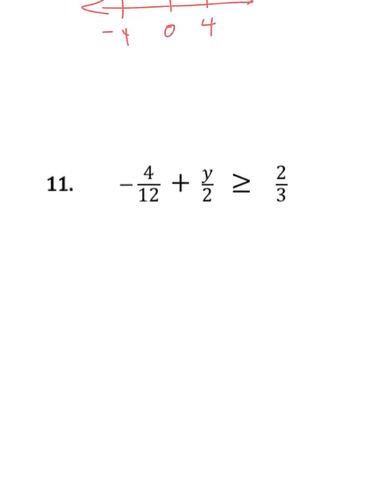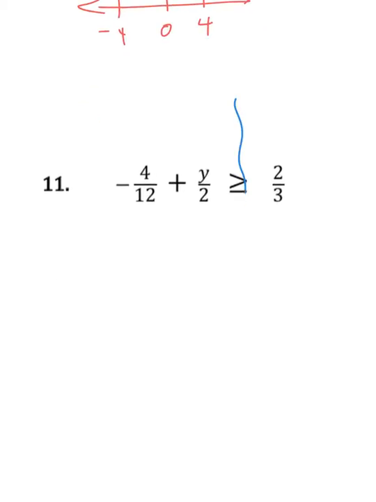Ooh, fractions and inequalities. All right, there's the inequality. I see 12, 2, and 3. I know that 12 will work for all of them. So I'm going to times each term by 12. This will cancel out and leave me with negative 4.